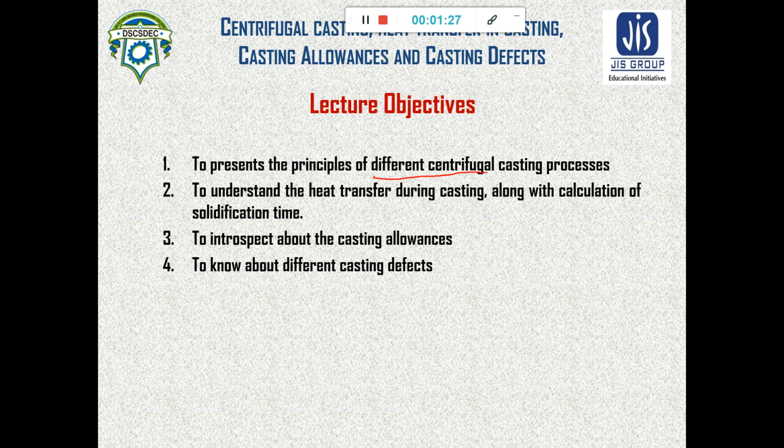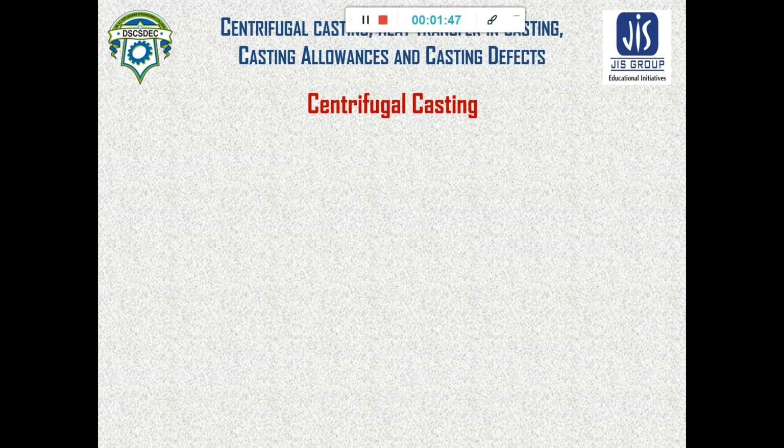First we will study the different centrifugal processes, then the heat transfer during casting along with the calculation of the solidification time, then we will look at casting allowances, and we will know the different casting defects. Now let's start with centrifugal casting.